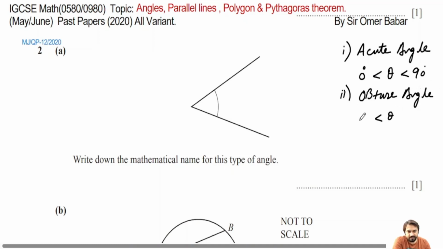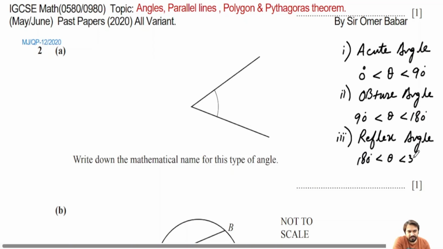If theta is greater than 90 degrees and less than 180 degrees, that angle is called an obtuse angle. And the third one is reflex angle. What is a reflex angle? If theta is greater than 180 degrees and less than 360 degrees, we call it a reflex angle.